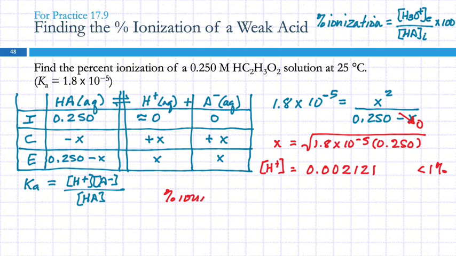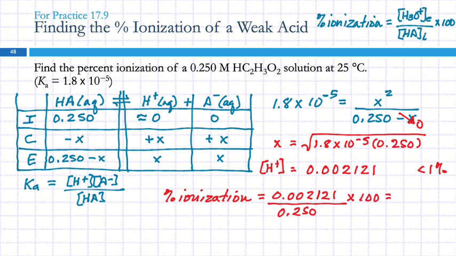So percent ionization is the amount that ionized, which is this one, 0.002121, divided by the initial concentration of the acid times 100, 0.8485, 0.85%.